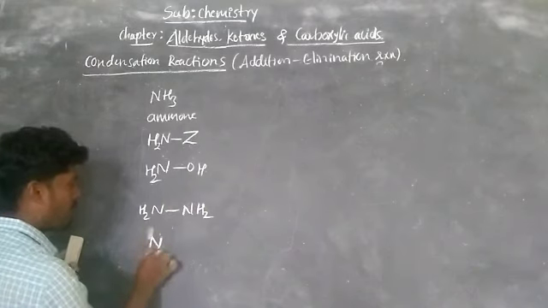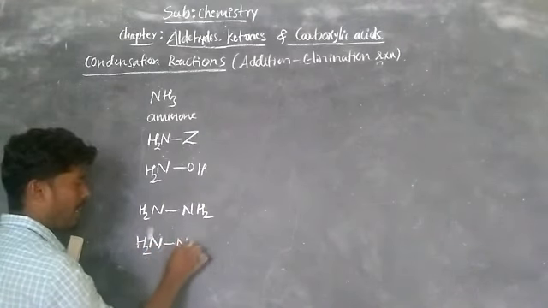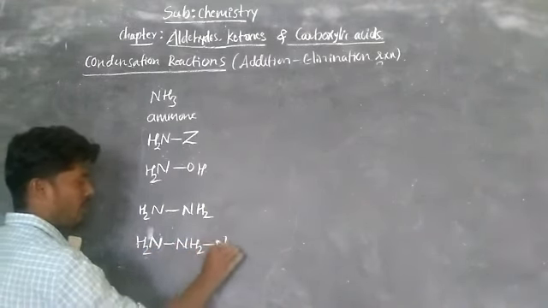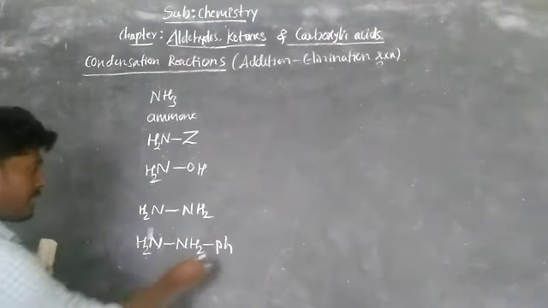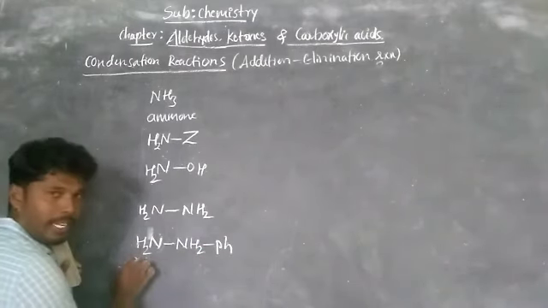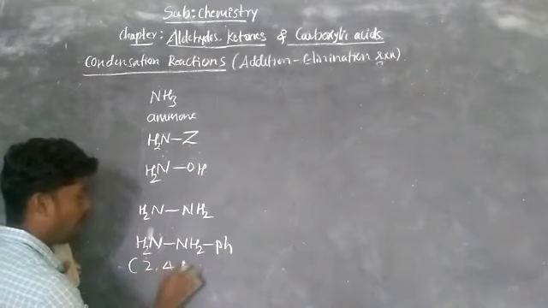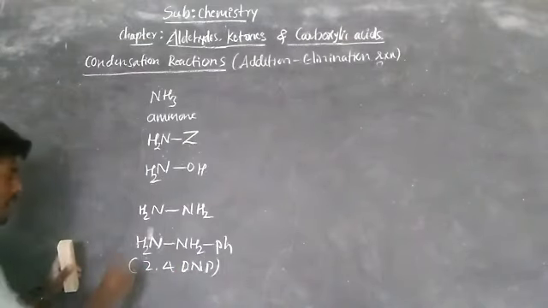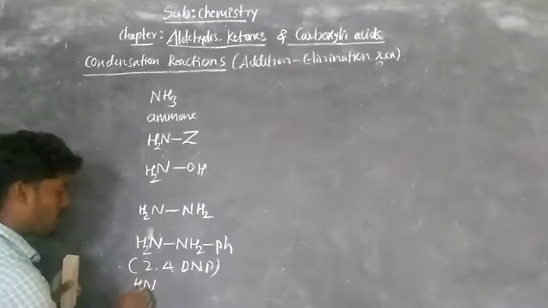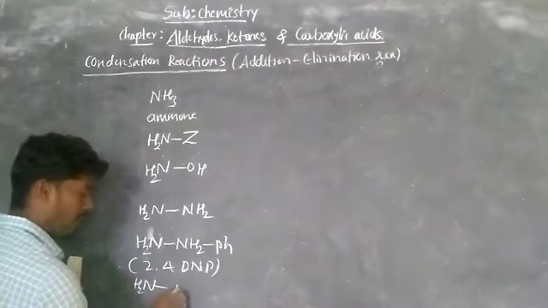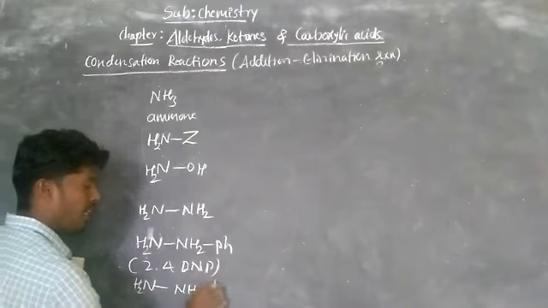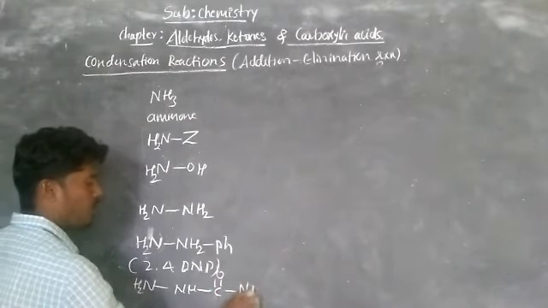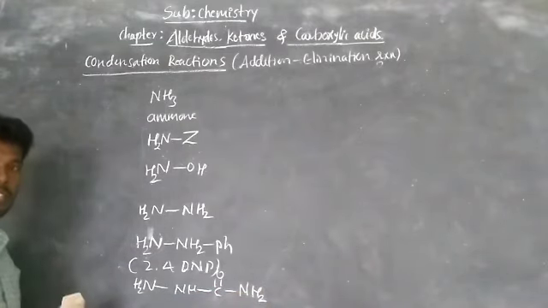Again, in place of Z we write NH-Ph. In this case we have studied 2,4-DNP. After that, the fourth one is NH2-NH-C(=O)-NH2. So these are the 4 reagents we have studied.